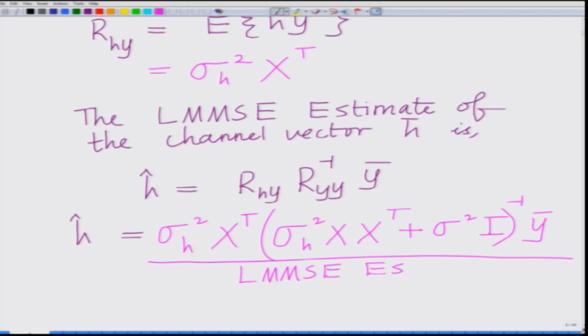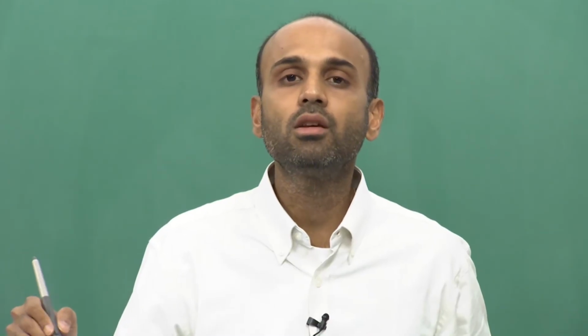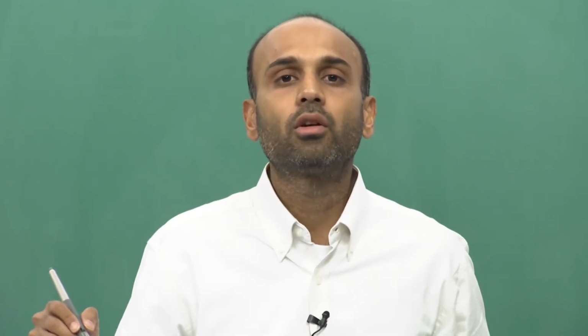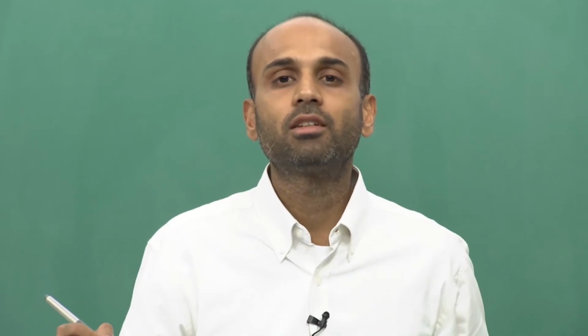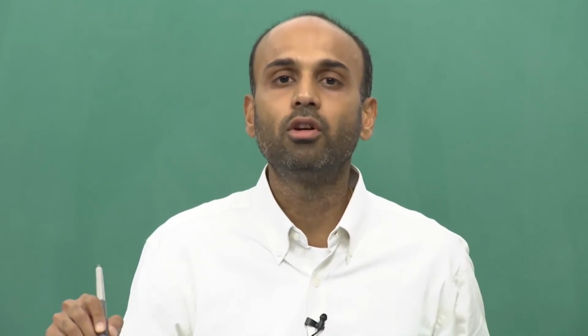This is the expression for the LMMSE estimate. Now, of course, the LMMSE estimate itself is the MMSE estimate if the channel vector h bar is Gaussian, alright. Now what we are going to do is simplify this LMMSE estimate into a form that is much more convenient, and I am going to illustrate that.